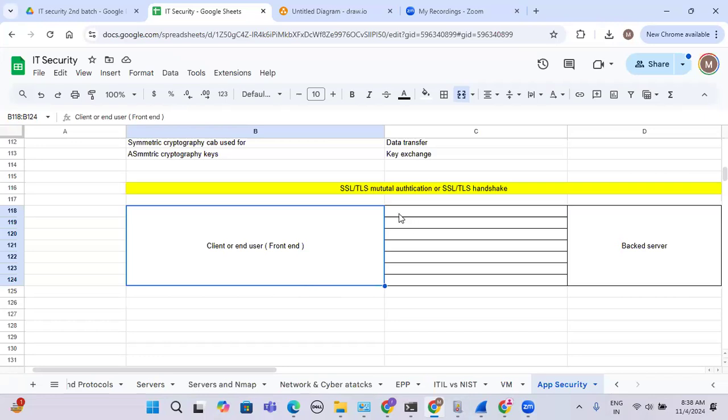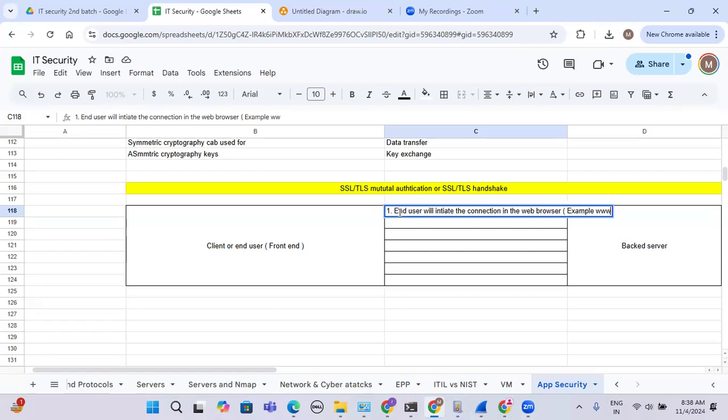First step, the end user will initiate the connection in the web browser, for example www.hdfcbank.com, hdfcnetbanking.com, whatever.